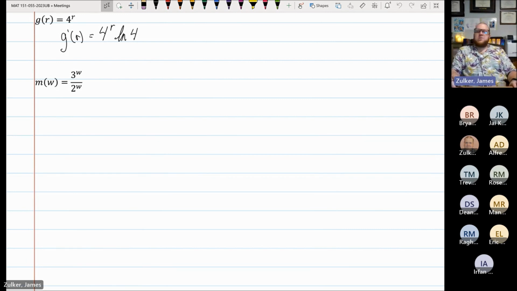What about this function? What kind of function are we dealing with?